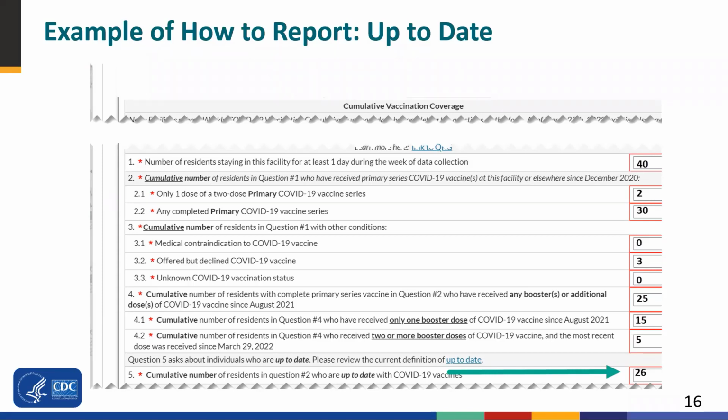Among these 30 residents with completed primary series, 26 are reported to be up to date with COVID-19 vaccines. The 26 residents are reported to be up to date with COVID-19 vaccines for question number 5. And as a reminder, again, beginning the week of September 26, 2022 through October 2nd, 2022, the definition of up-to-date is based on receiving an updated bivalent booster dose.